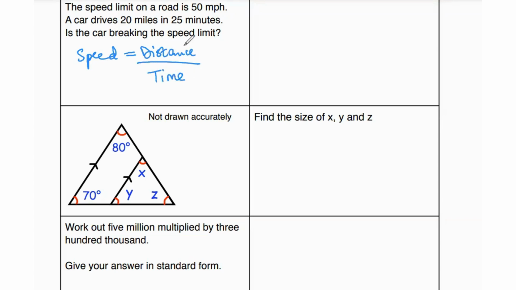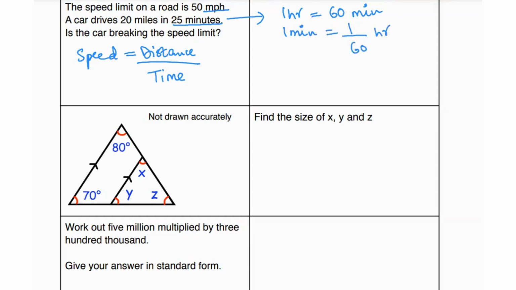Now, since the speed limit is given in miles per hour, we need to convert these minutes into hours. So 1 hour is equal to 60 minutes. 1 minute would hence equal 1 over 60 hours.